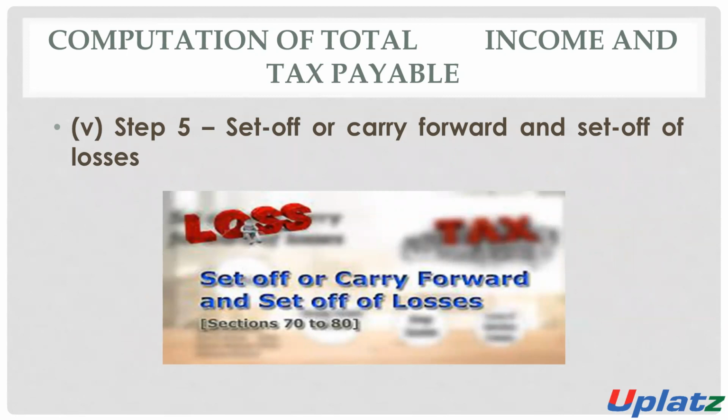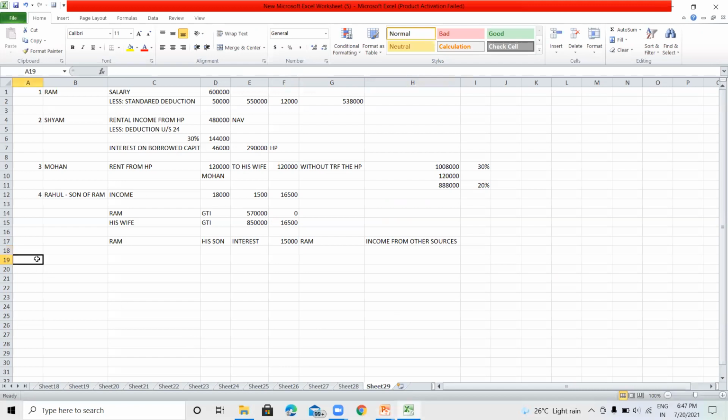Set off or carry forward of losses means, if an assessee has a total income of, for example, 1,25,000, and there is a house property loss of, for example, 2 lakh, then there is an amount of loss.